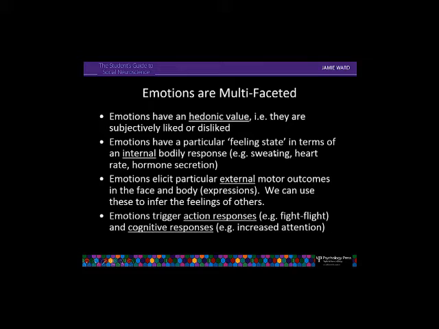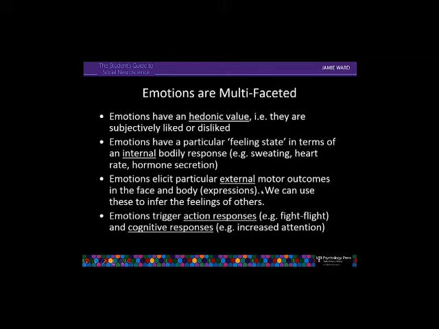So for instance, emotions have an internal body reaction, sweating, heart rate, and so on, that may be promoted by the survival value. So again, you would want to measure that differently. Here you would measure it through psychophysiology. And then, of course, the question is, do these two aspects relate to each other? They probably should, but at the same time, it would be unfair to expect them to be identical because they're probably relying on somewhat different mechanisms in the brain as well.